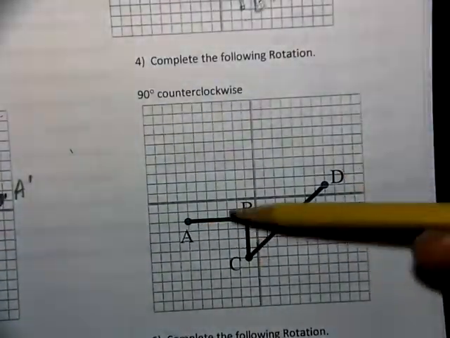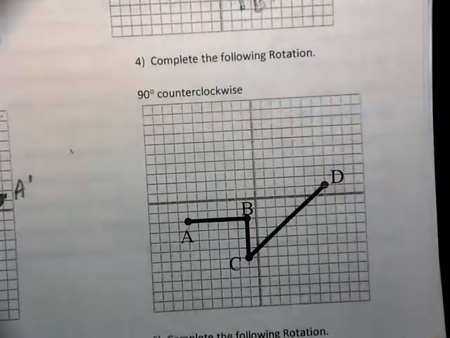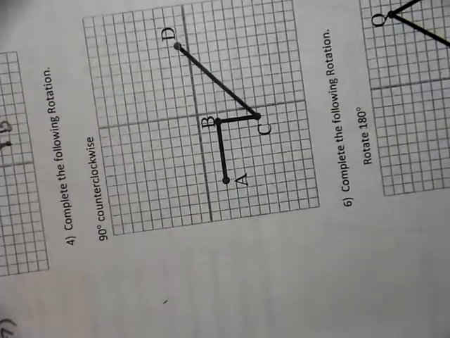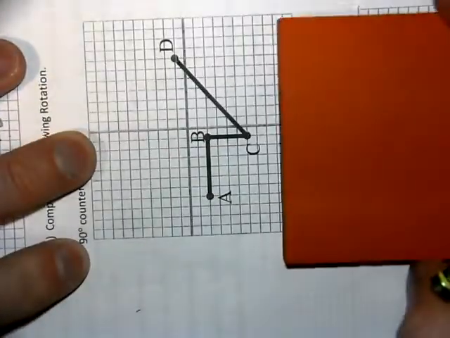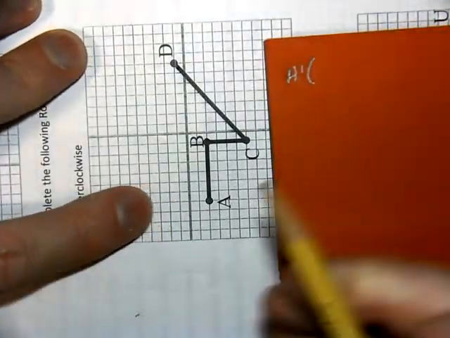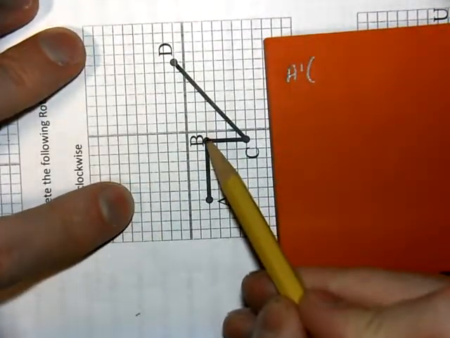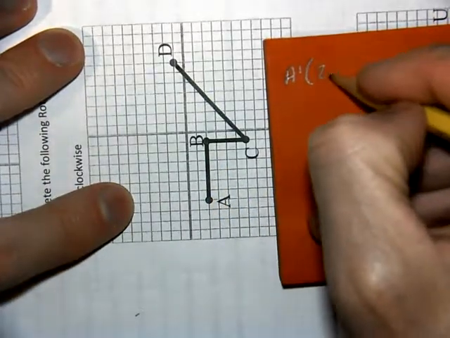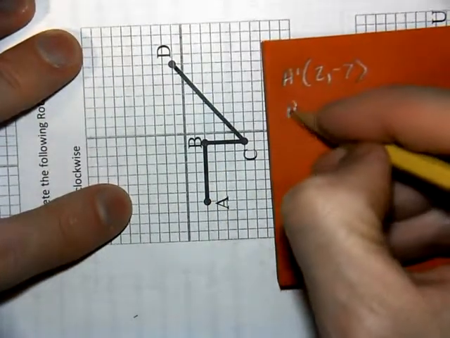Okay, we've worked with this type of shape before, but now we're going to rotate it 90 degrees. An easy way to do that is to turn your paper and take a look at what the coordinates are. So we rotate the paper. A prime is going to be 2, negative 7.